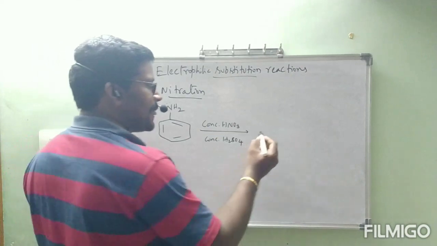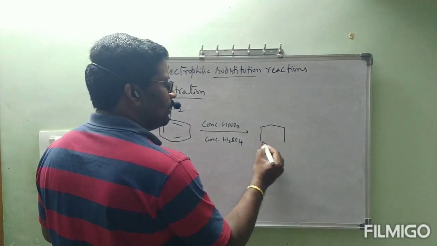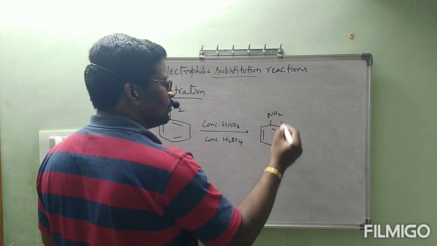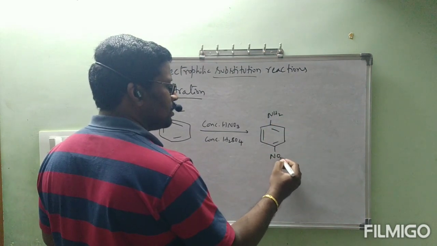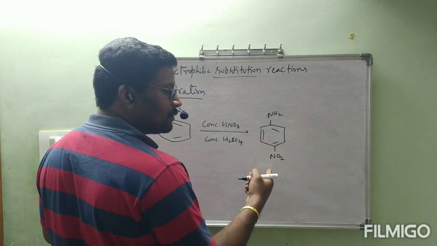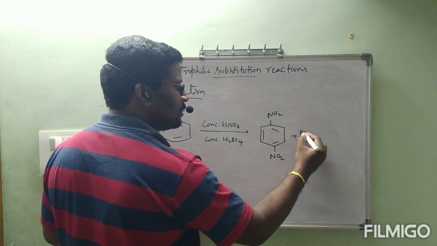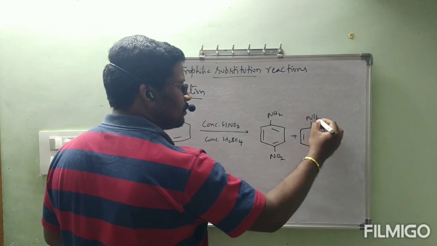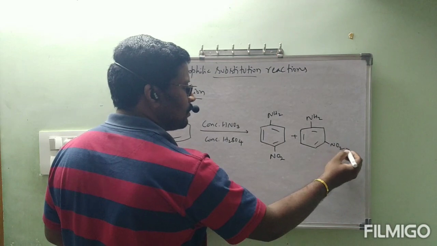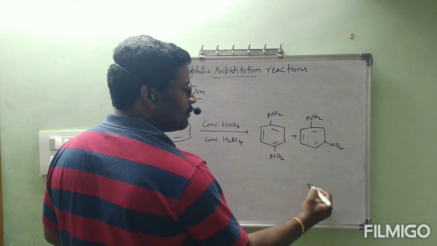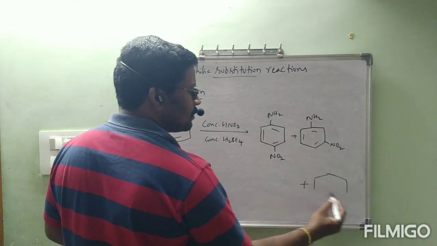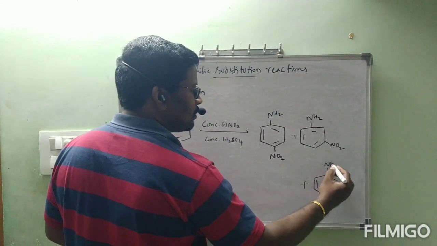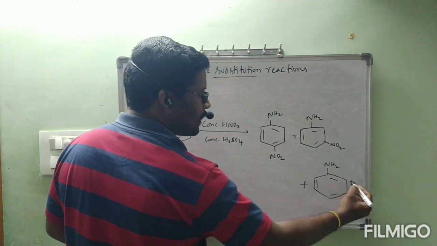Okay. Let us see. Para-nitroaniline plus meta-nitroaniline plus ortho-nitroaniline.